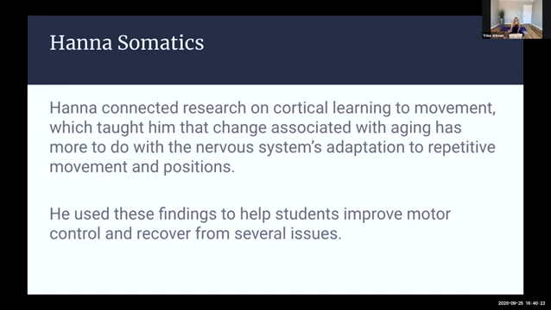What that means is if you start doing more varied movements and are in more varied positions throughout your day, then the aging process is not the same. He used these findings to help students improve motor control and recover from several issues.